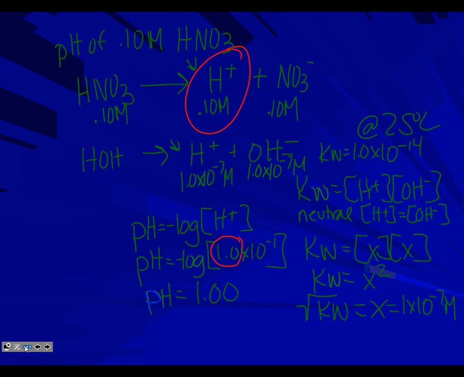Okay, there we go. So now we're doing the pH of 1.0 times 10 to the negative 10th molar hydrochloric acid.